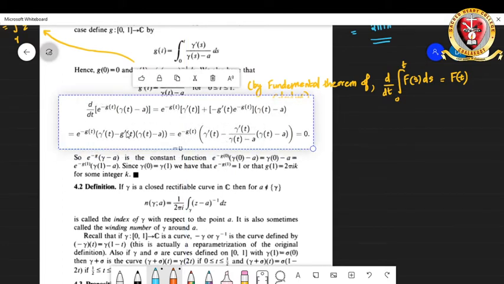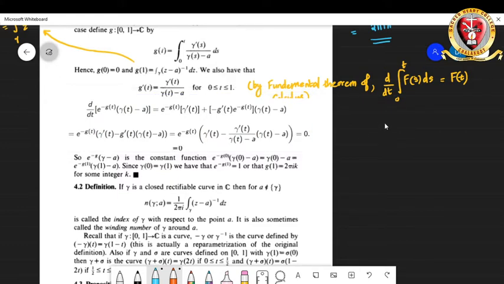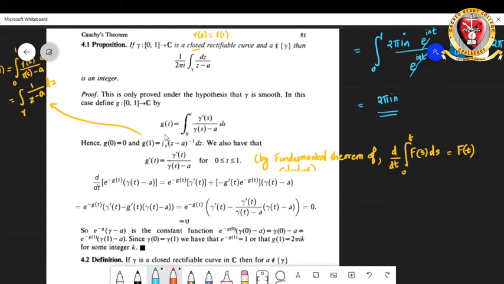So we are going to substitute t is equal to 0. That means e raised to minus g of 0 into gamma of 0 minus a. We know that g of 0 we calculated to be 0, so e to the power g of 0 will be 1.